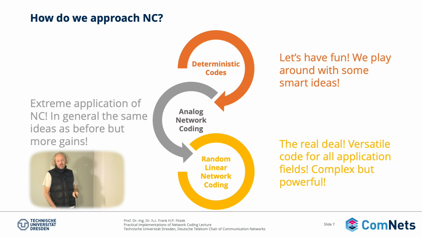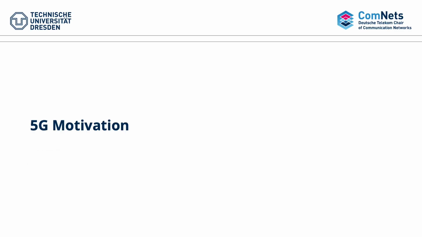Most of the publications that you will find on IEEE Xplore, for example, are on the first one, deterministic codes, some simple XOR type of codes, but the real work is down here on the random linear network codes. Analog network coding is also a nice toolbox, but there are a lot of things to do. We actually do not do so much implementation on this part. We are more on the later part, as you will see.